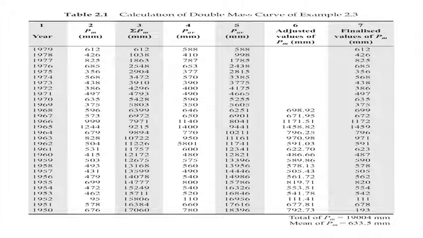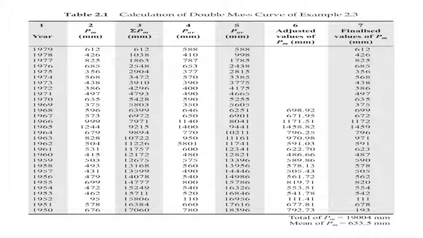Column number 3 refers to the accumulated rainfall data of station M. That is, in 1979 it is 612, in 1978 it is 1038, which is nothing but the addition of 612 plus 426. Likewise, to get the accumulated rainfall of the other years, you have to keep on adding in this way.